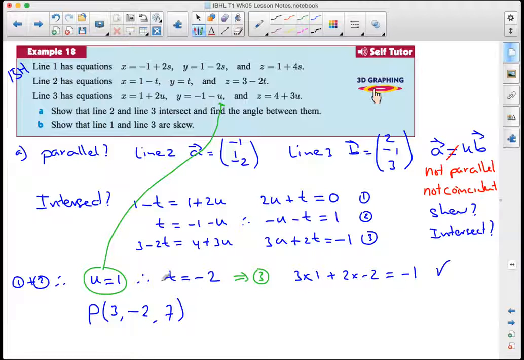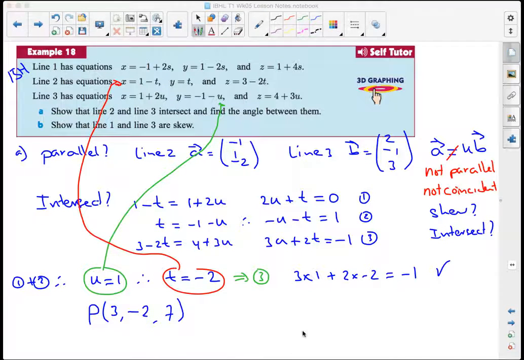Alternatively, I could have used this value here, and put it in line 2, and that would have given me the same result. 1 take -2 is 3, y equals t is -2, and 3 take 2 times -2 is 7. So the lines intersect.